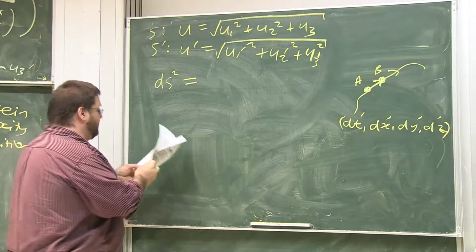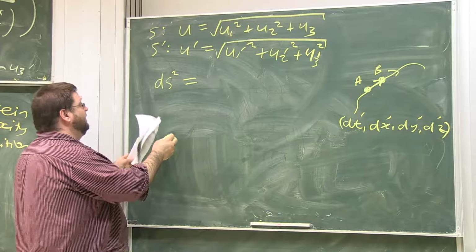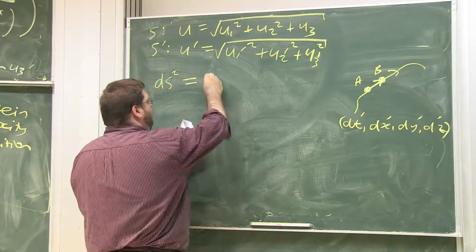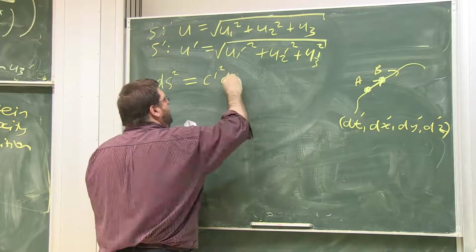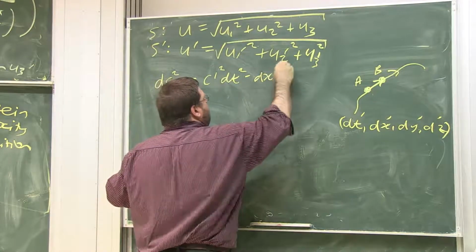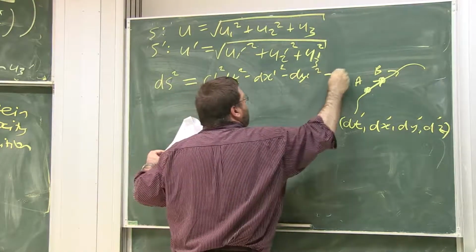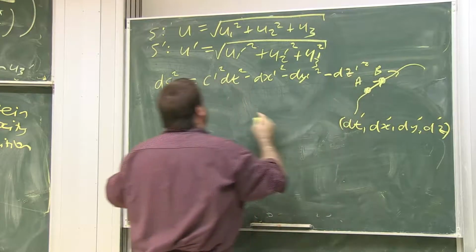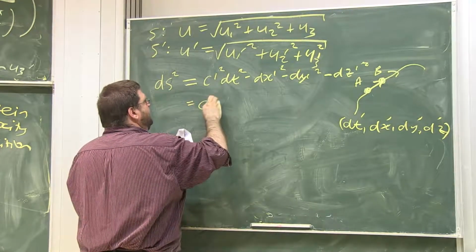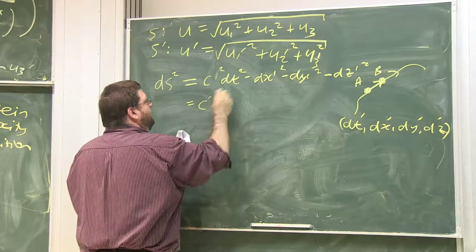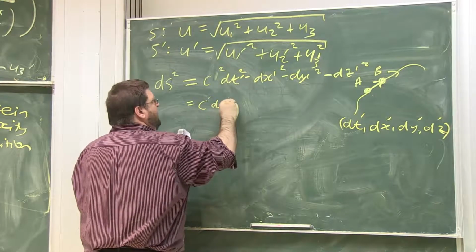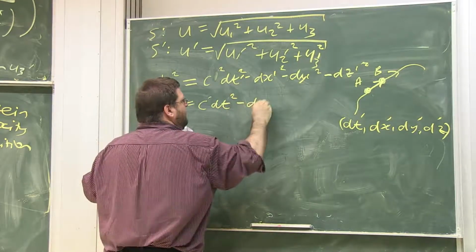And as a starting point for transforming speeds, the primed coordinate system would say that this is the squared interval. And the unprimed system would say that this is the squared interval, where the c is not primed, but the t is.